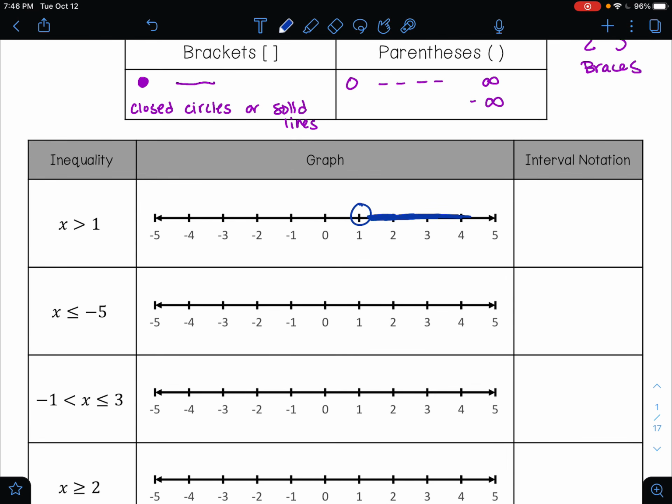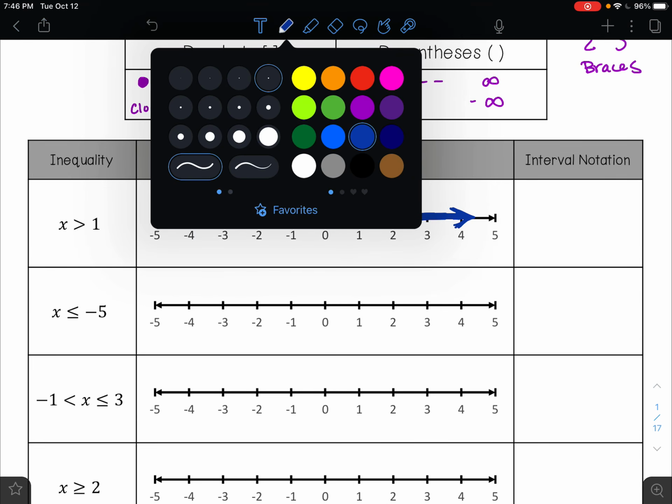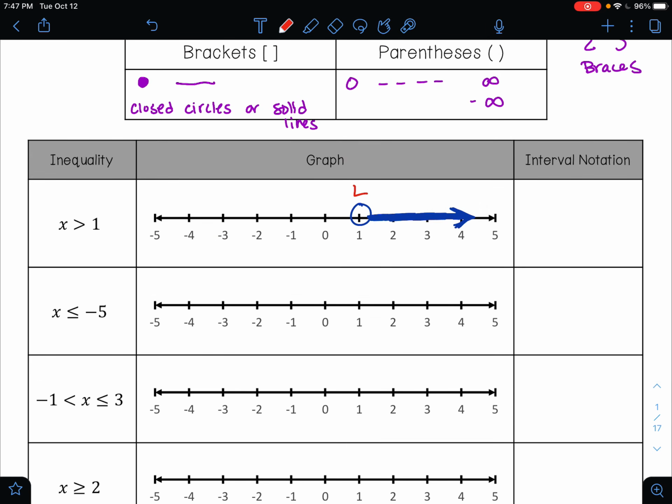Remember how I talked about using your arrows. The arrows are going to be super important for us when we're talking about interval notation. So here is the graph of x is greater than 1. You are always going to read these from left to right. The furthest point to the left is 1.